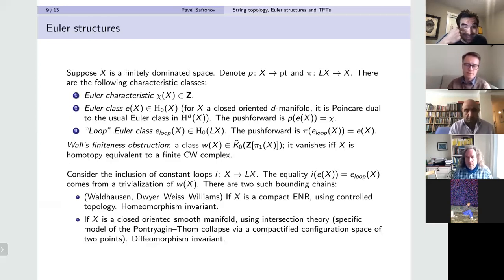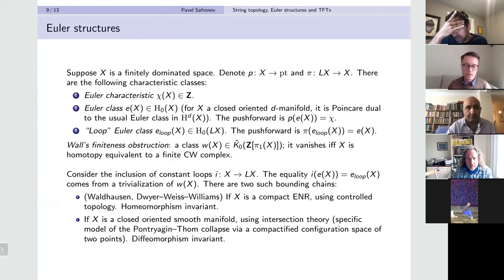So if you have a compact Euclidean neighborhood retract, then going back to the work of Waldhausen and more recently Dwyer-Weiss-Williams, they constructed a canonical trivialization of the Wall finiteness obstruction, or a canonical lift, or canonical homotopy between the image of the Euler class on X and the loop Euler class. And this bounding chain that they construct is homeomorphism invariant.